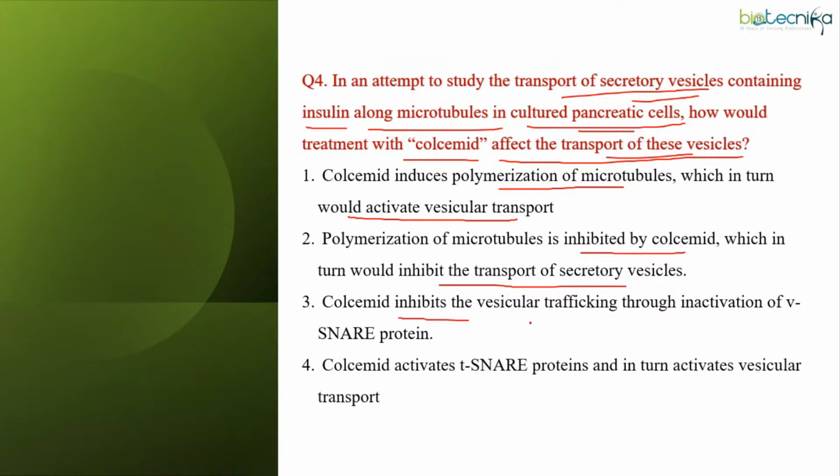Colchicine inhibits the vesicular trafficking through inactivation of V SNARE protein, or activating the T SNARE protein, and in turn activates the vesicular transport. What should be the correct answer to this question? So in simple words, what they are trying to ask is, what is the mode of action of colchicine here?